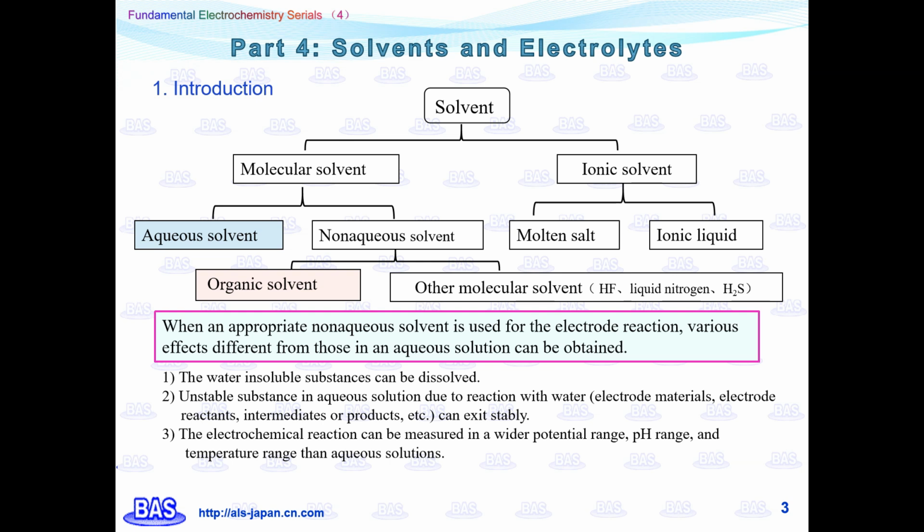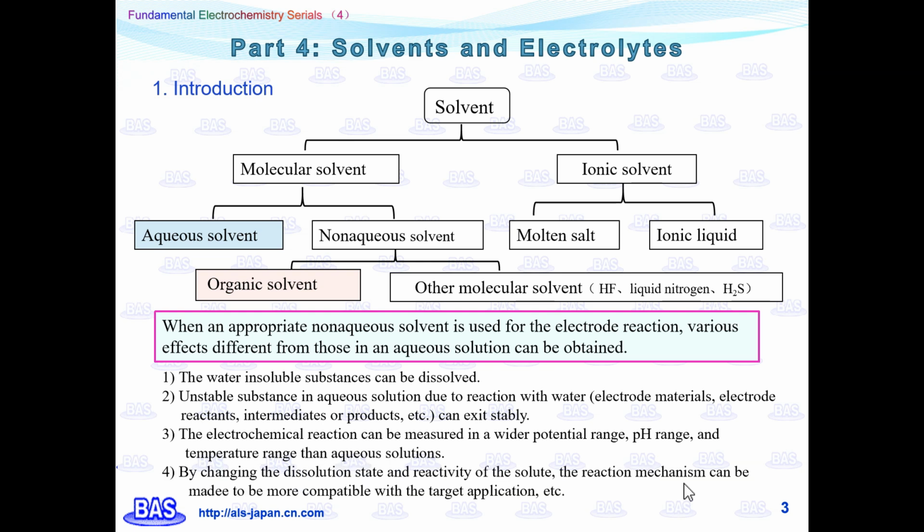By changing the dissolution state and the reactivity of the solute, the reaction mechanism can be made more compatible with the target applications. Electrochemical methods are also the most basic and effective means of resolving the properties of the solvent itself and the behavior of the solute in it.